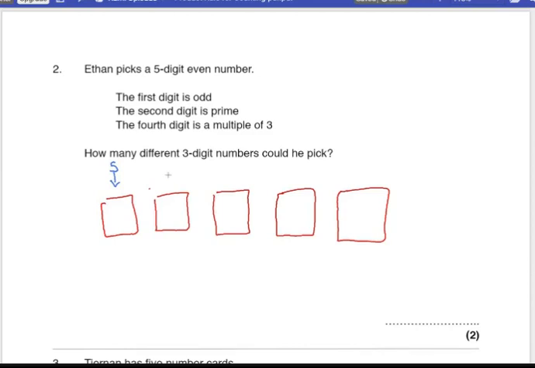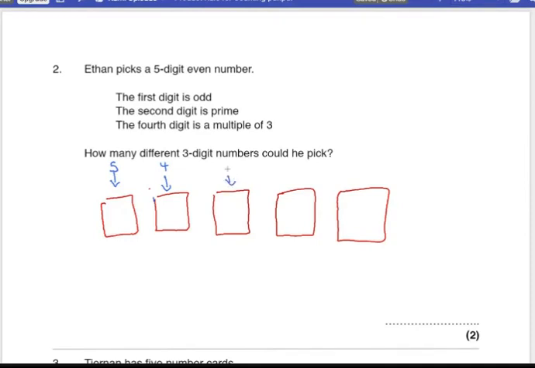Very good, because it's 2, 3, 5, or 7. And then what about the third digit? For the third digit, oh, wait, we don't know that one. If they've not said anything, I mean, yeah, it's going to be 10.